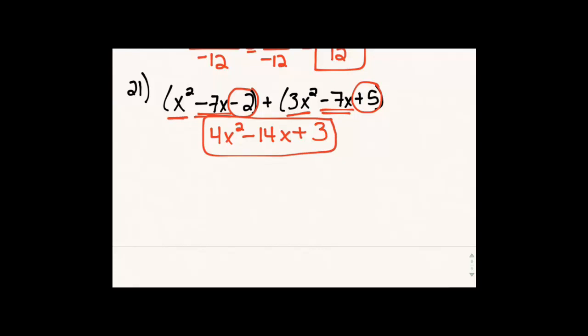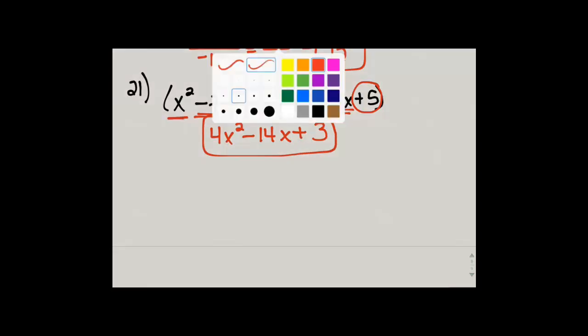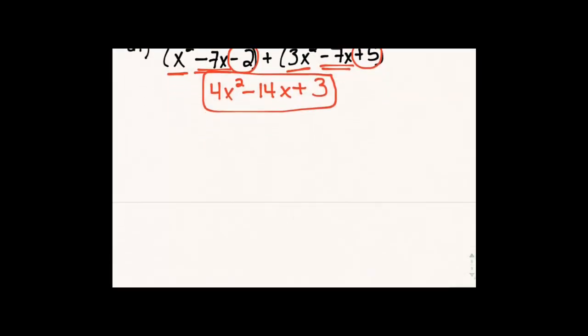Now in the next one we're subtracting. We have 2x squared plus 2x plus 1 minus the quantity x squared minus x minus 4. Now what we need to do is distribute the minus sign to the second set of parentheses.